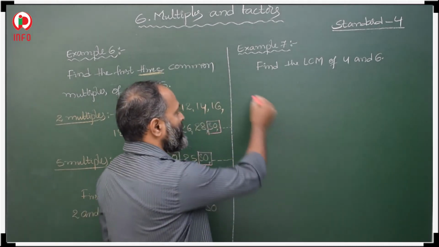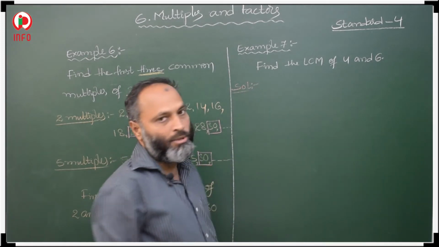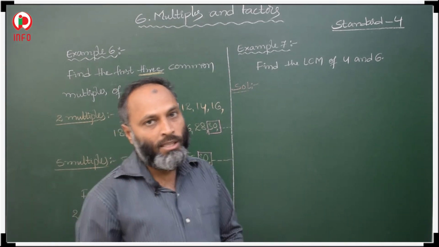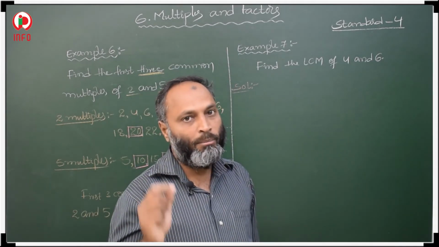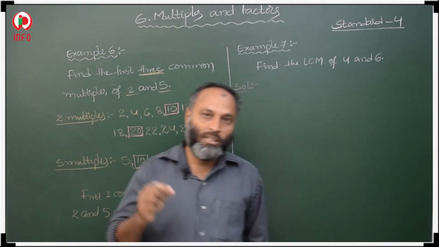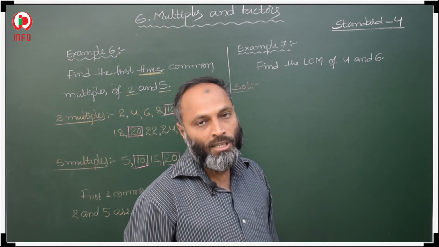How to find the lowest common multiple? First we have to write the multiples. Lowest means the very first. Whatever the first common multiple is, that is your least common multiple.